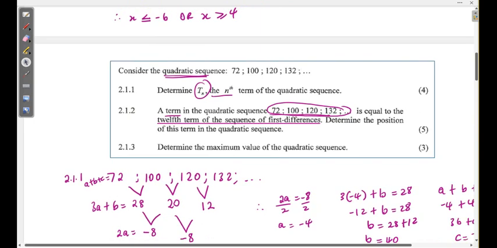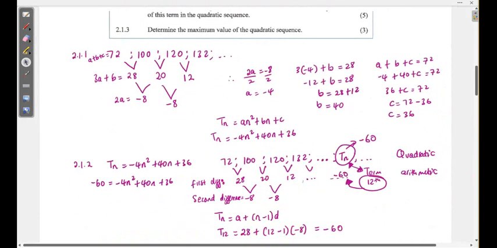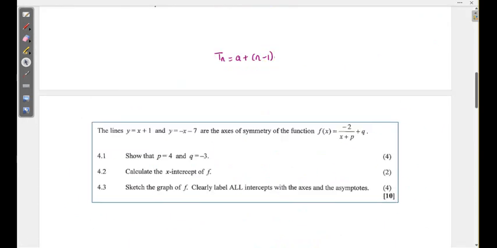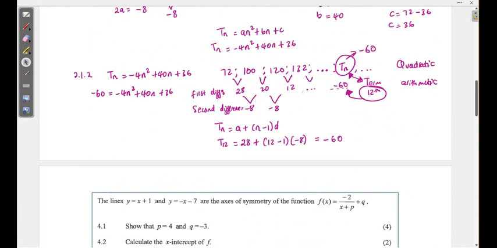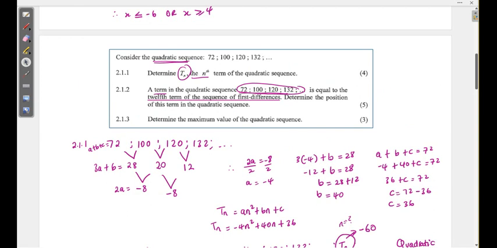Yes. Okay, I understand. Continue. Great. So from there, after substituting into the original, because we got the term, we do not know the position. We do know that there is a negative 60 in the quadratic sequence, but we don't know at which position. So now we're going to look for that position, because the question said determine the position. You see what the question said?